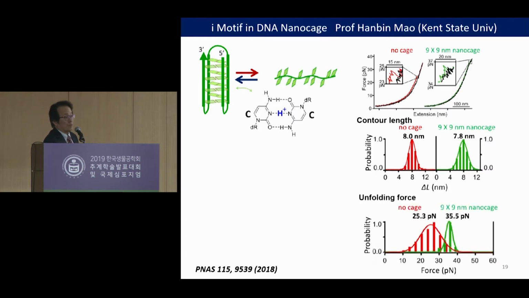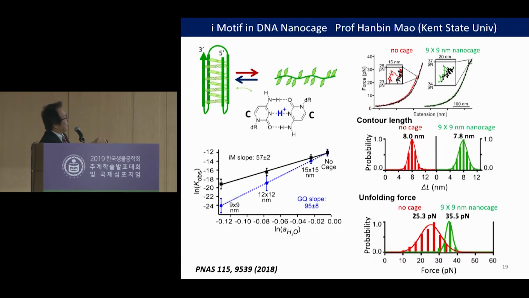However, unfolding forces are significantly stronger in the nanocage. And we changed the size of nanocage and plotted the effect here and here. So we conclude that the overall loss of water drives the folding of tetraplex in nanocage with reduced water activity.